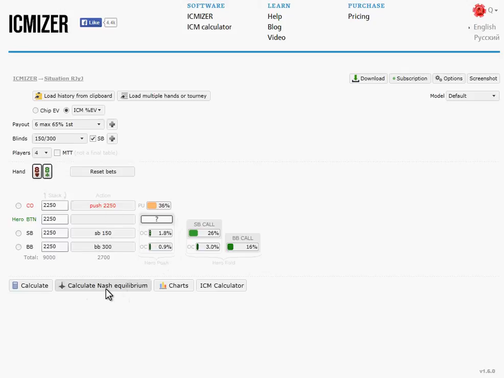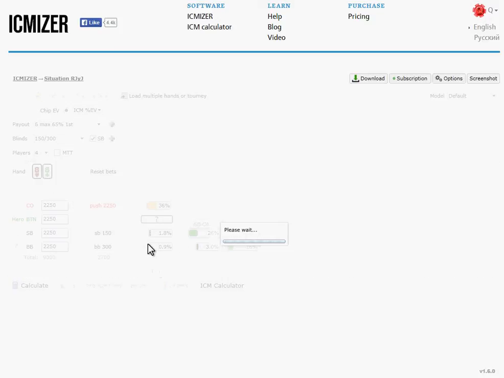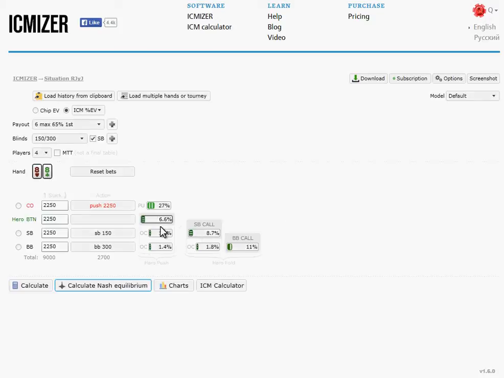Note that you can use the Nash equilibrium feature, which will assign all ranges for you. And this is very handy when you are making calculations, because in some cases there are a lot of ranges which you need to edit. Especially there could be a lot of overcall ranges. And you need to note that after you make the Nash assignment, you need to edit ranges to your understanding of your tournament, because no player will be following those Nash ranges.